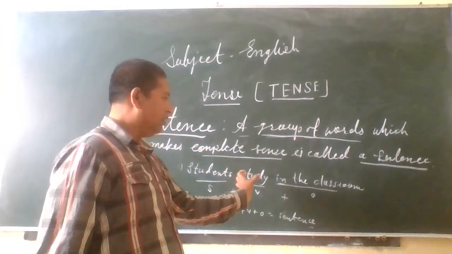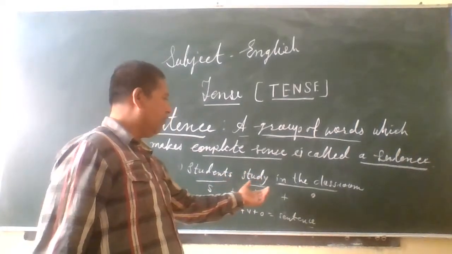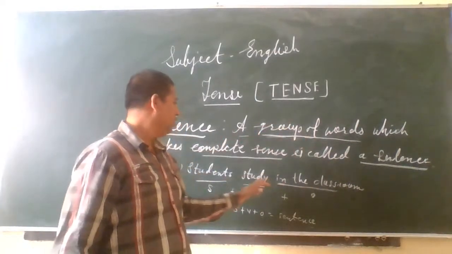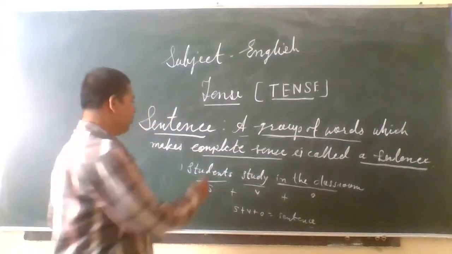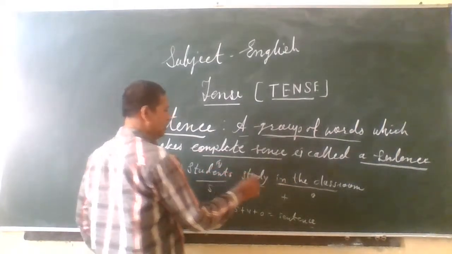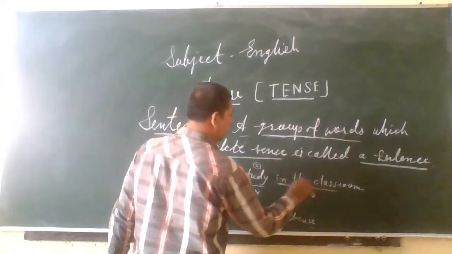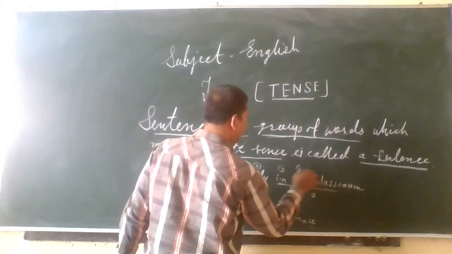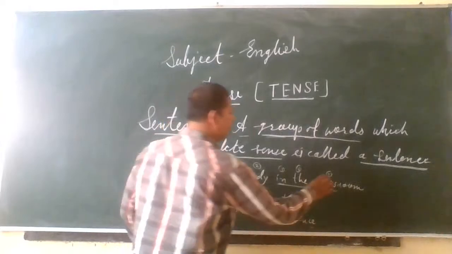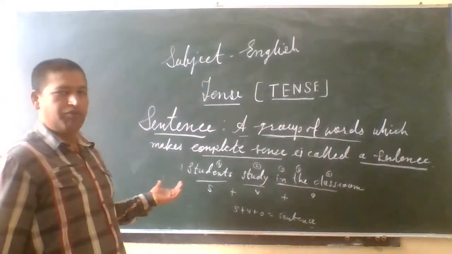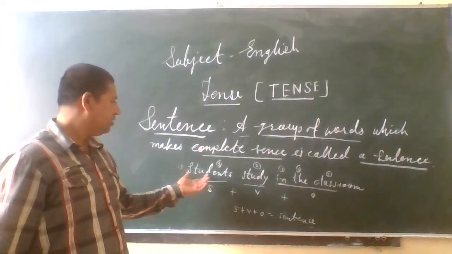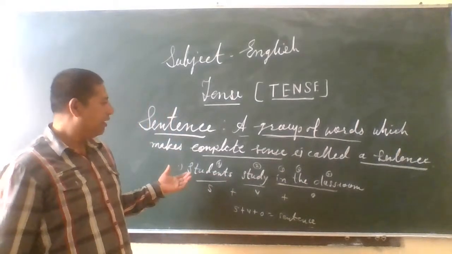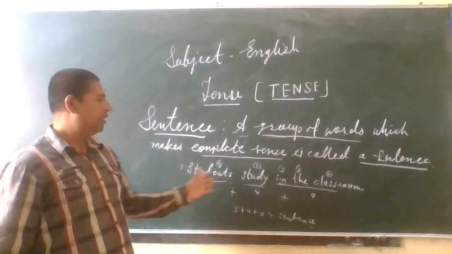If we arrange these words, we can make the sentence. Students is one word, study is the second word, in is the third, the is the fourth, and classroom is the fifth word. We have collected five words. Students study in the classroom.